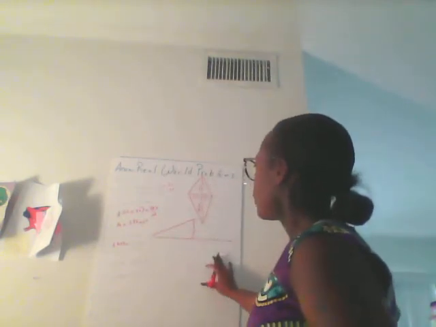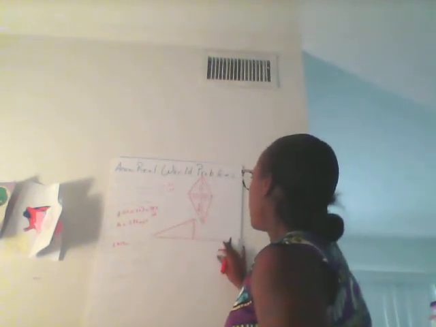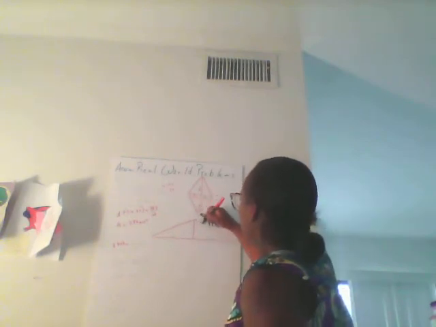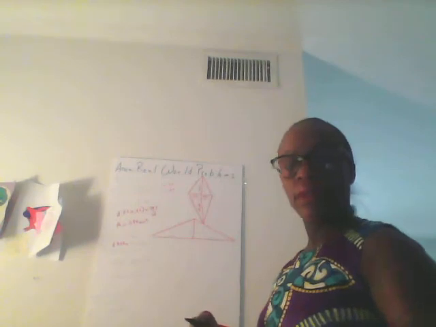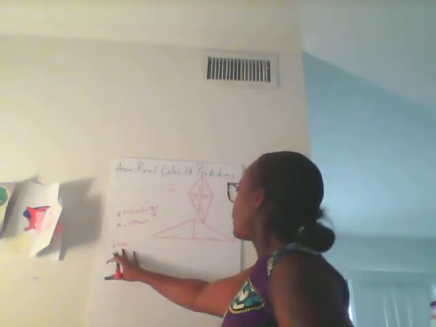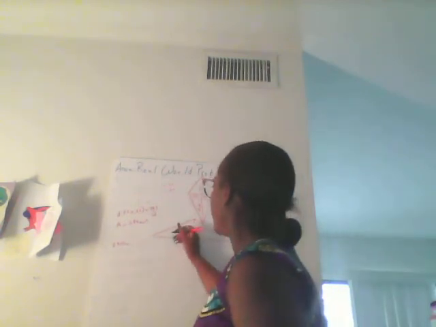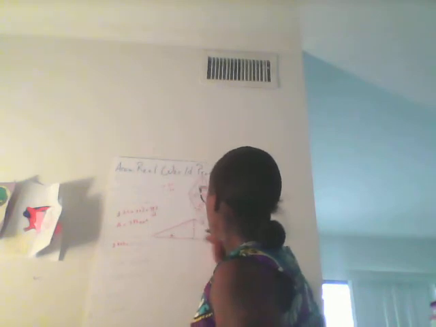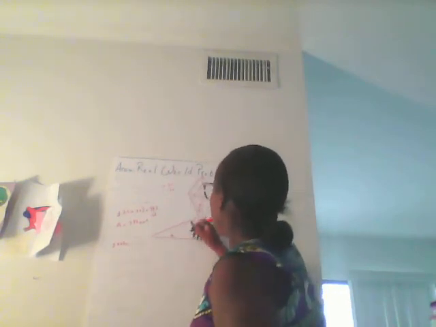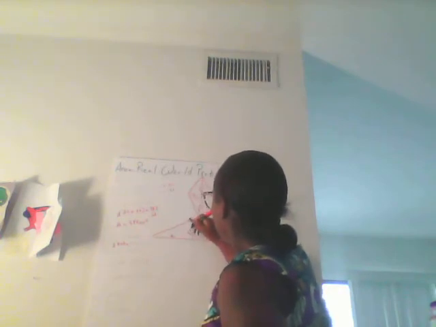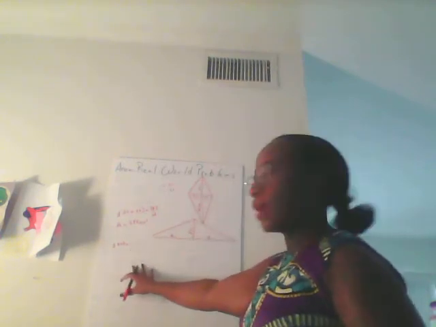You would be combining both triangles together. That'd be 1/2 base times height, with 16 plus 16 times 8. You do that one first.